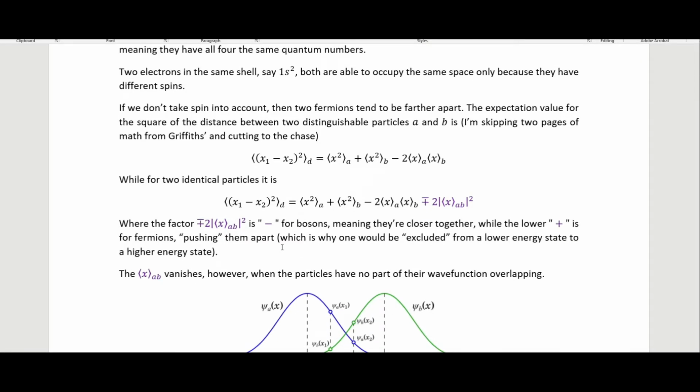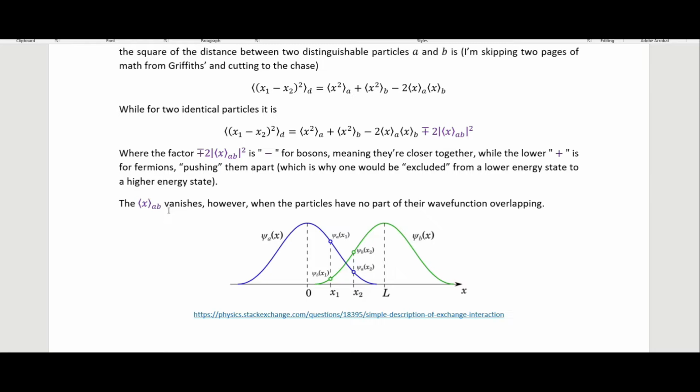And so for me, I like to think about it that they're excluding each other. If you have the two particles and they have the same spin, then it's going to push one into a higher energy level. But if the particles are far enough away, then this x AB here actually vanishes, and so there would be none of the wave function overlapping.